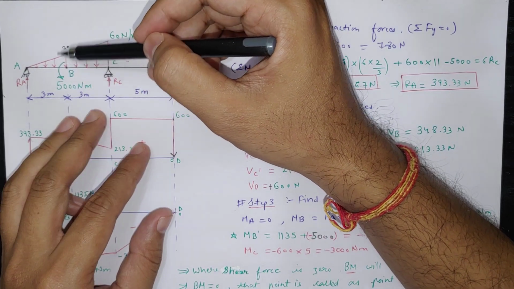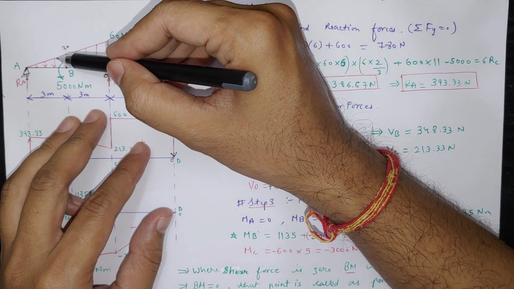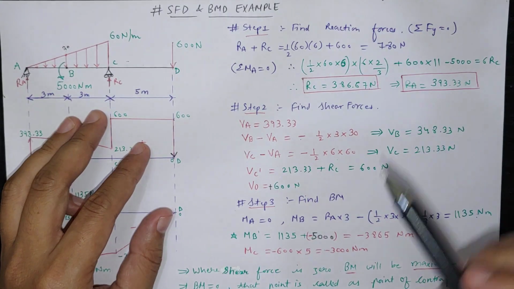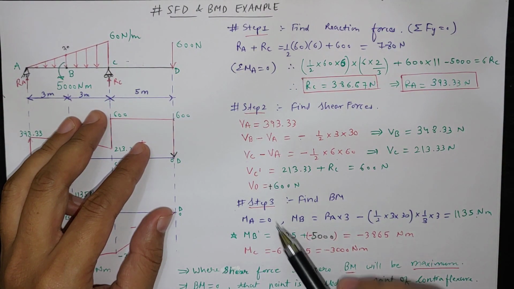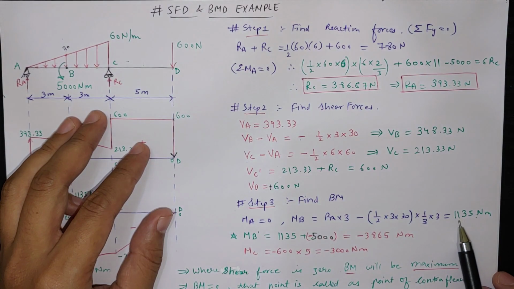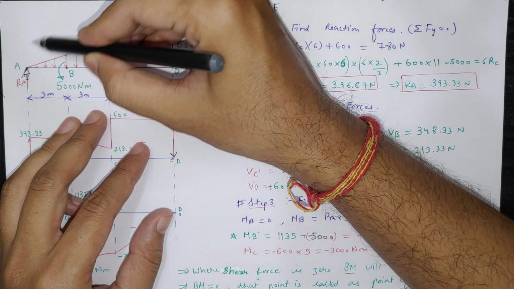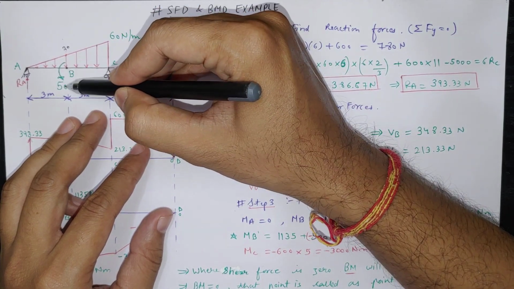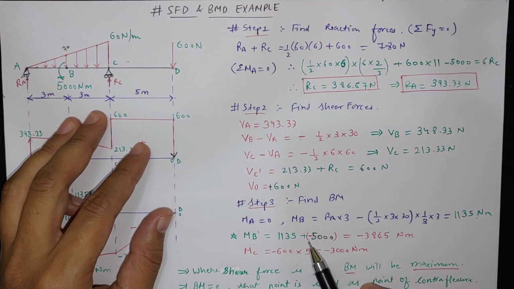Here it is a hogging action. And this 1135 is acting in the clockwise direction because RA we considered positive and we got 1135. This 5000 is in the opposite direction. So the total at B dash point comes out as minus 3865.